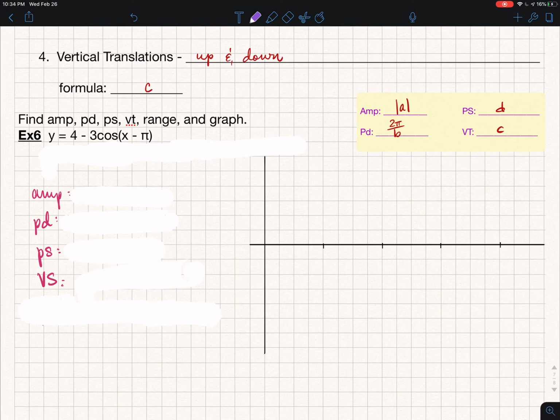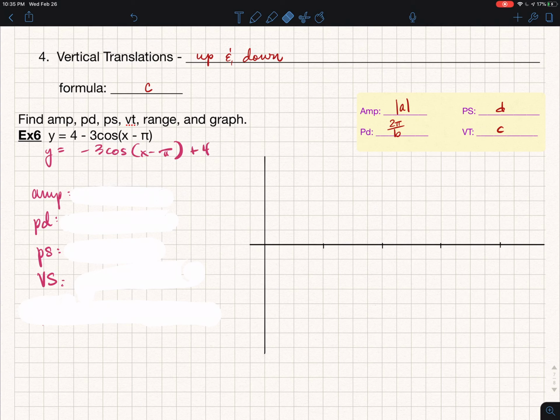All right, let's head into number 6. So now we're doing vertical translations. These are the ups and the downs. For number 6, notice that 4 is out in the front. If I'm given the opportunity, a lot of times I'm going to move that 4 to the back so that it's not confusing.